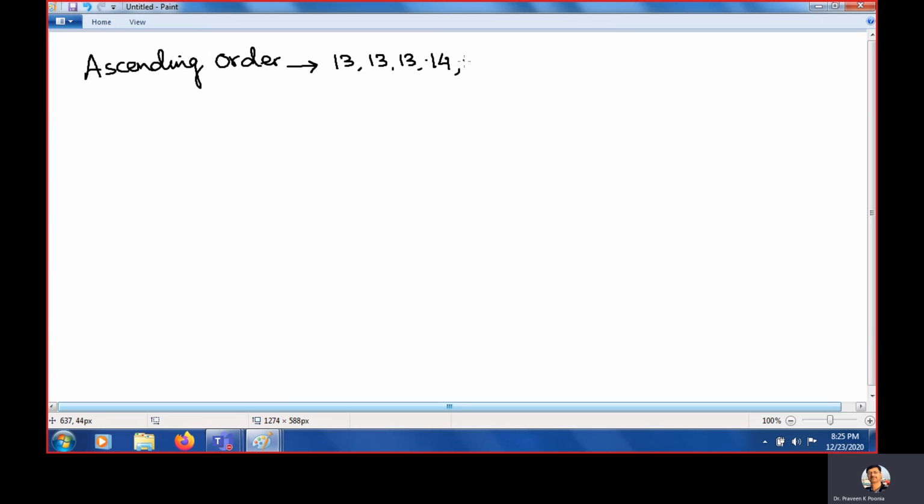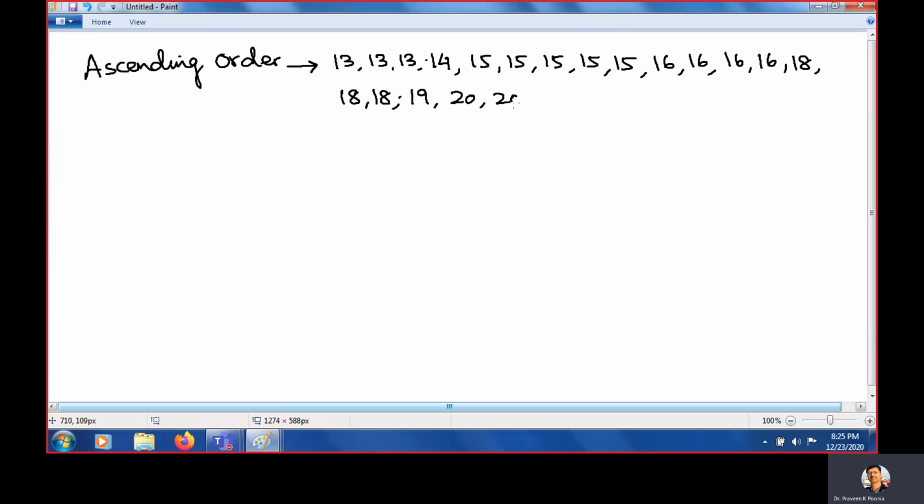Then 15, 5 times. Then 16, 4 times. Then 18, 3 times. Then 19 one time. And then 20, 3 times. Clear? How many numbers are there? If you see, n is equal to 20.